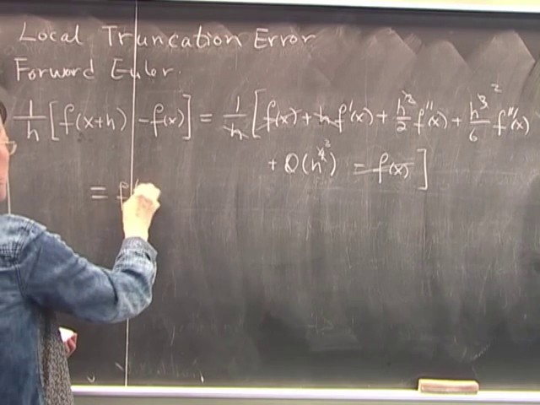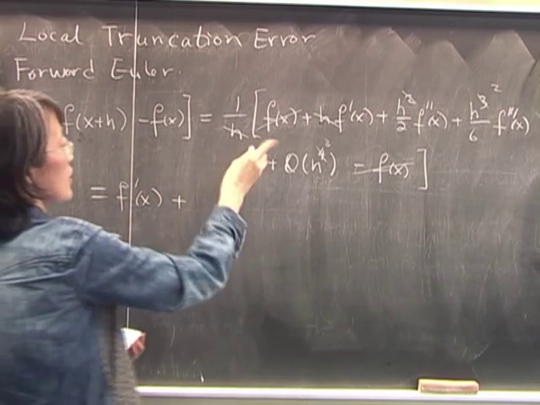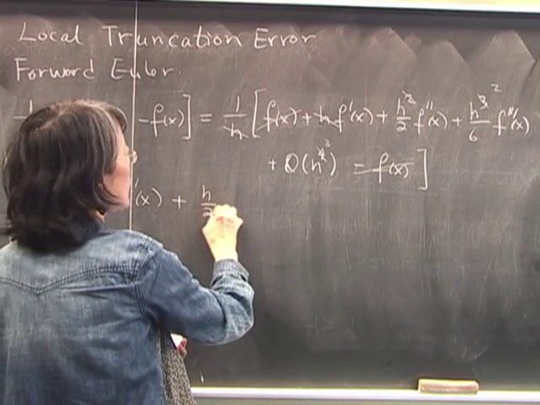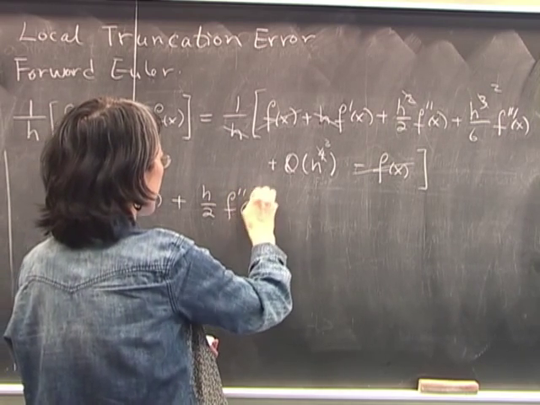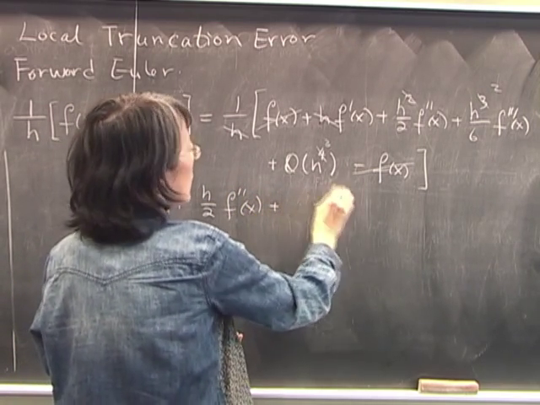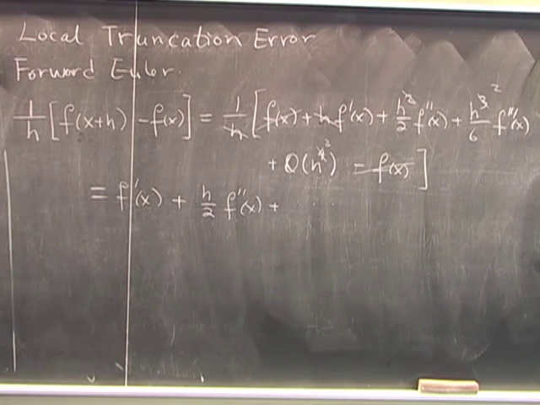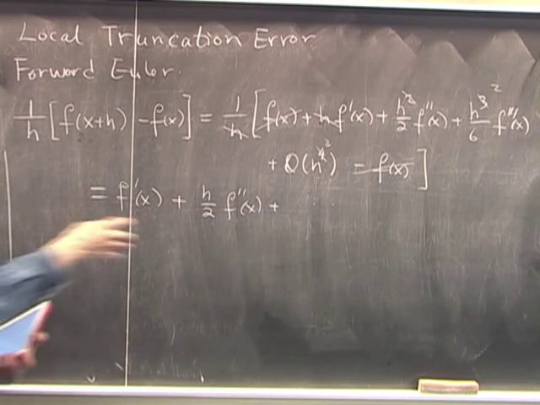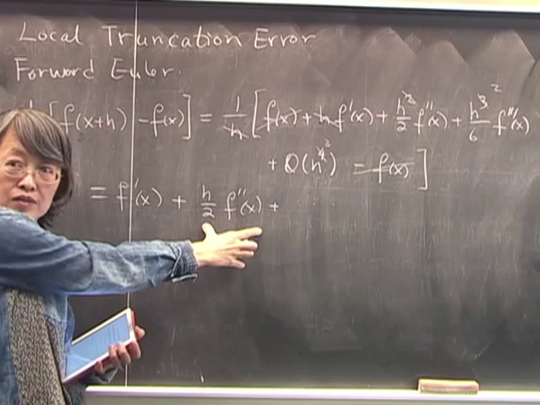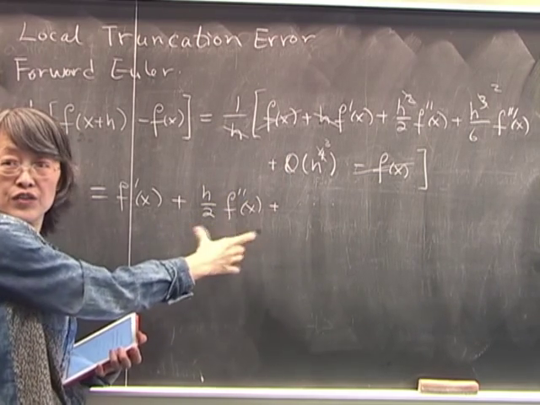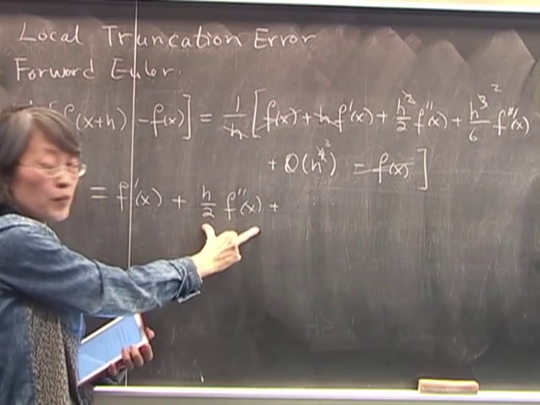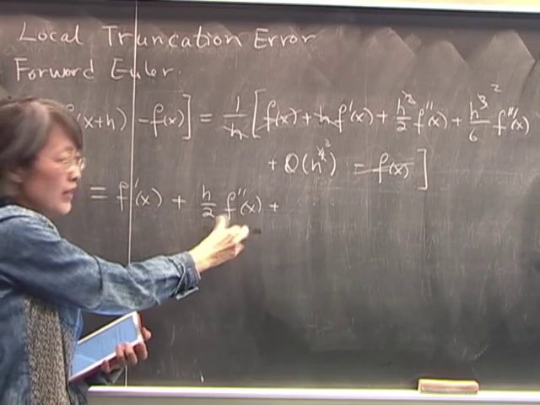So I have f prime of x plus h over 2 f double prime of x plus dot dot dot. There'll be many, many terms, but I don't need them, because all I care about is the leading error. Provided it converges, all the rest is dominated by this term, right?